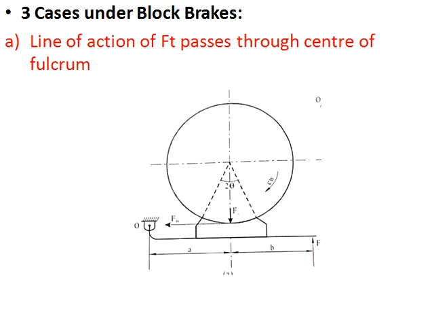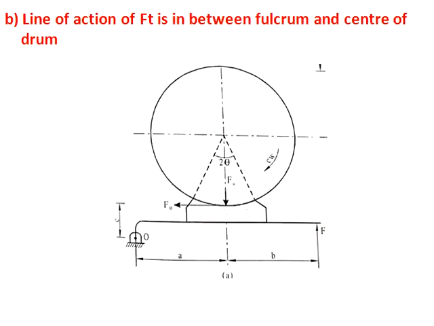Moving on to second case. In second case, line of action of Ft is in between fulcrum and center of drum. So in this diagram you can see fulcrum is located here, center of drum is here, and Ft lies in between fulcrum and center of drum.